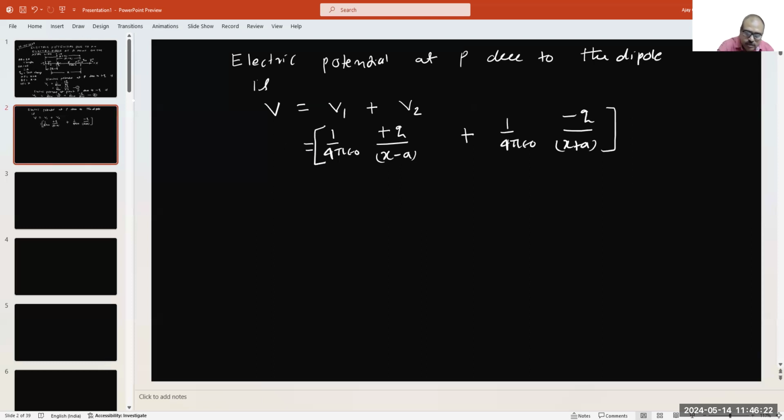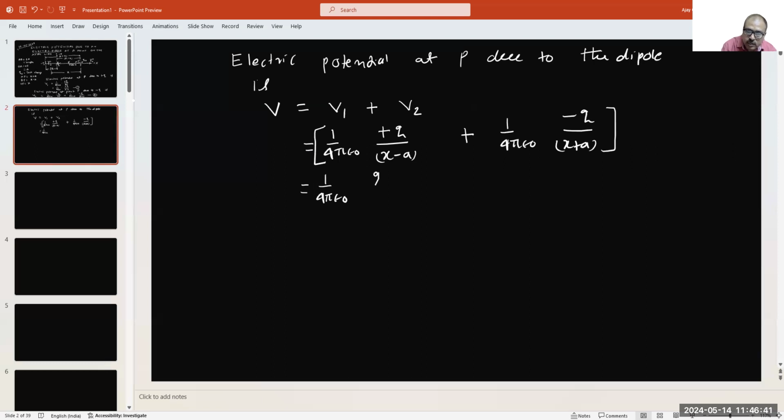You may take the common factor outside the bracket to simplify the equation. If you are writing 1 upon 4 pi epsilon naught, the charge is common here.